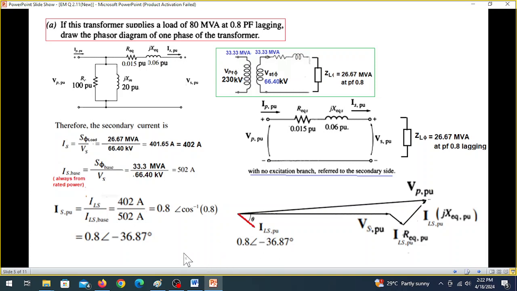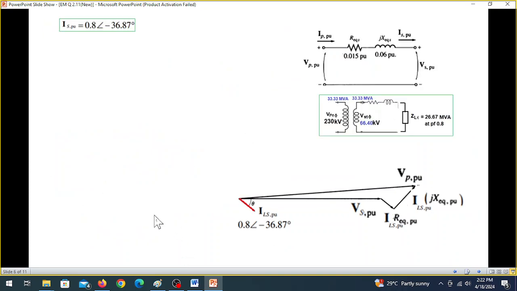Now let's move. So we were here. And now we can use KVL equation from this. So minus VPU plus I into R plus I into X plus VS equals VPU.